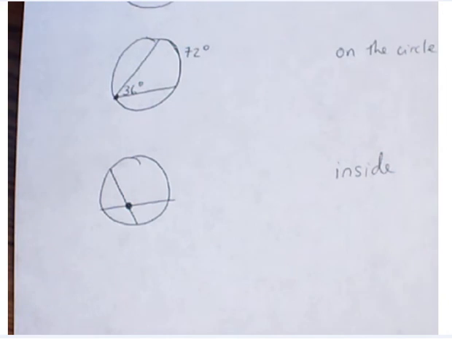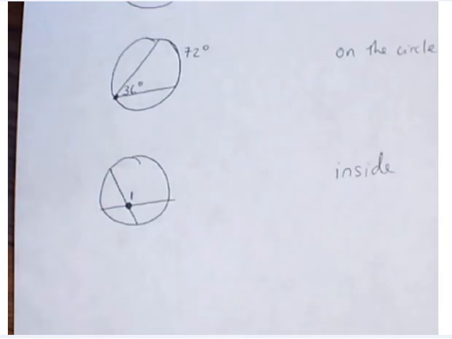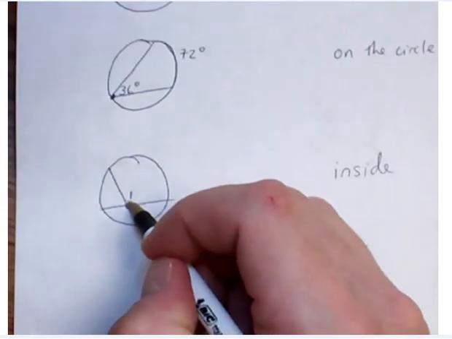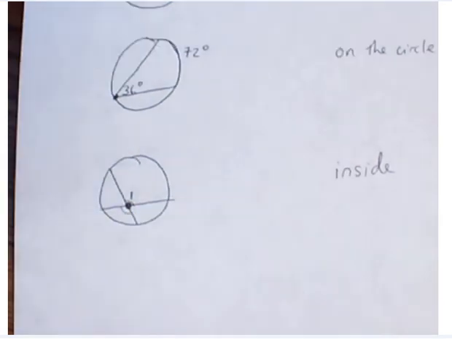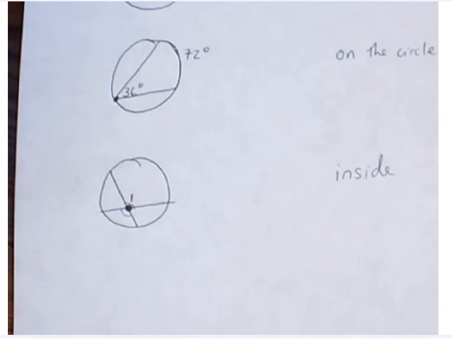To do that, let's call this angle 1 right here. And now here's the thing about this angle. You know vertical angles are congruent, so those two angles have to be congruent. In this case, you actually get two arcs.